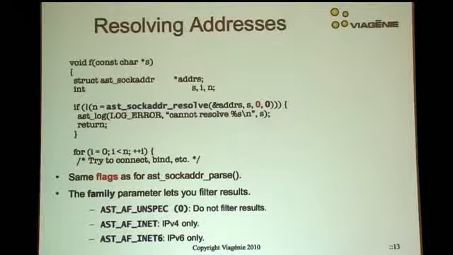No. It's going to return an array of ast_sockaddr, and you're going to iterate on that array. ast_sockaddr_resolve uses getaddrinfo underneath, just like parse did, so it has the same flags. And it has an additional parameter that lets you filter results. If you want, for example, to only get AAAA records, you're going to use AST_AF_INET6 to get only IPv6 addresses.